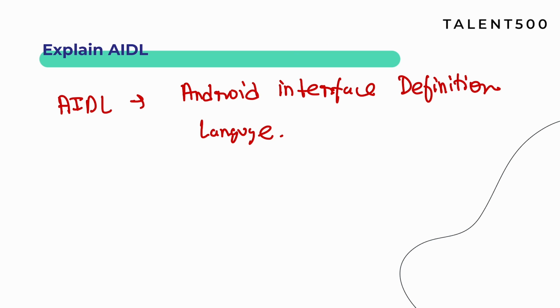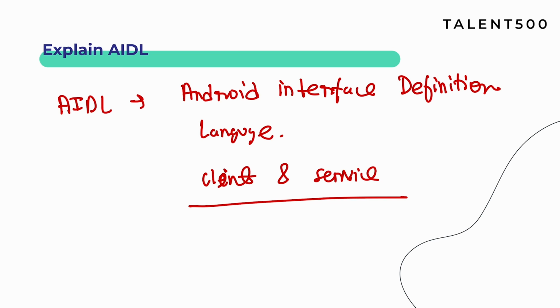It is a tool that lets users abstract away IPC. Now you will ask me, what is IPC? It allows you to define the programming interface that both the client and service agree upon in order to communicate with each other using inter-process communication.